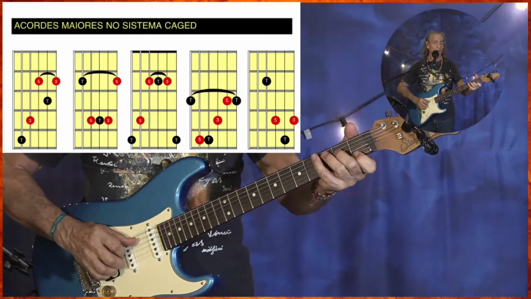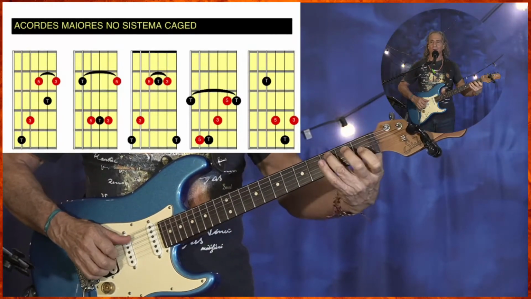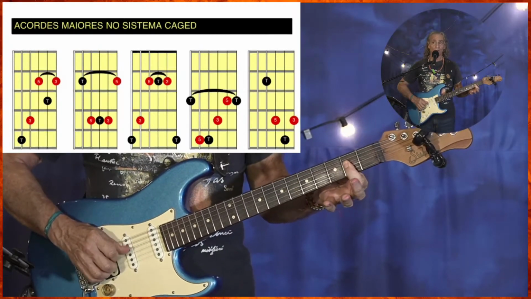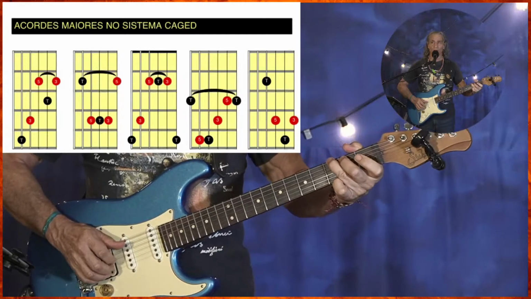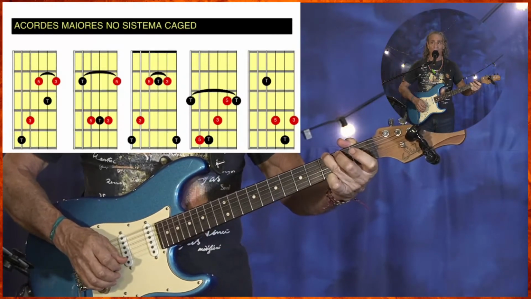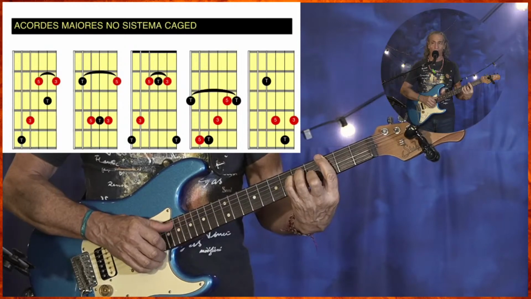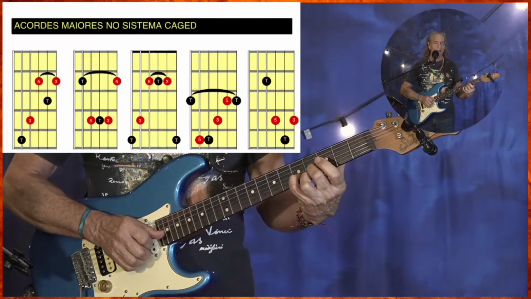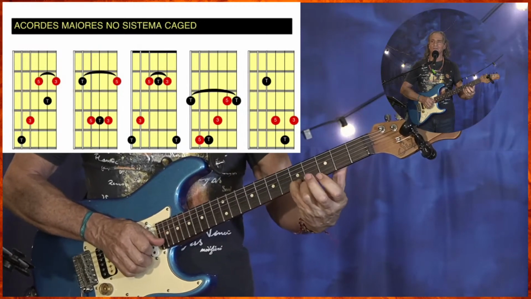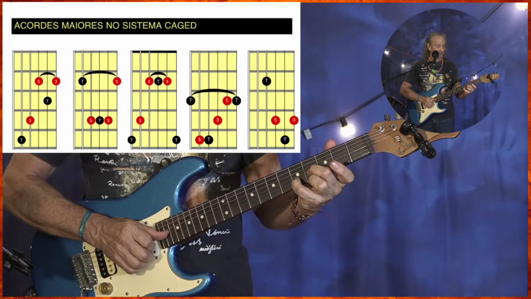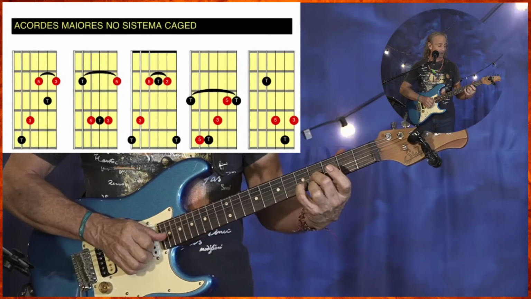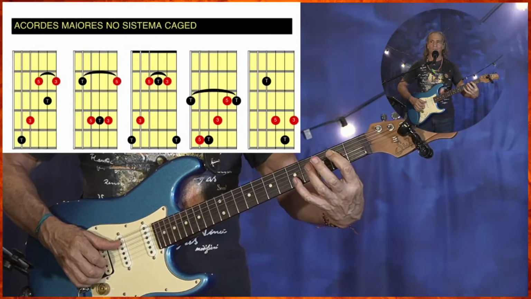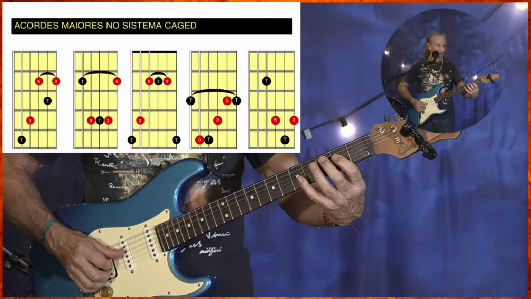For example, for the C chord, you can move it around, and the root is on the 5th string. For the A chord, the root's on the 5th string. For this G form, the root's on the string, which is not even being shown on that one.